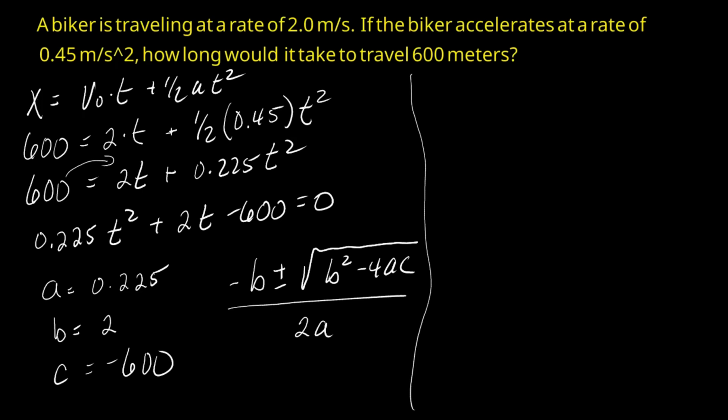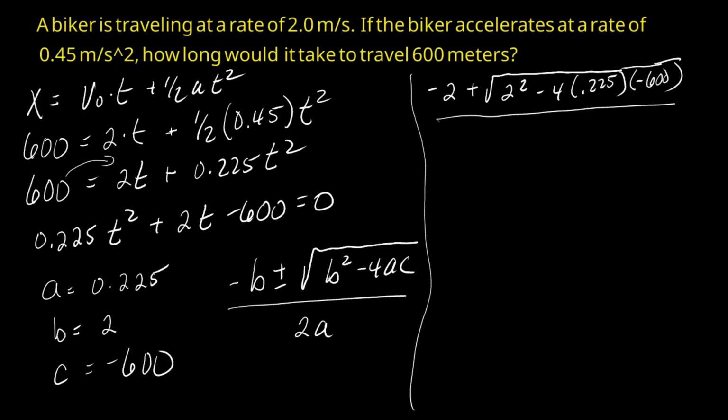All right, so let's solve for our two roots here. So I have negative 2. I'm going to do the plus first, plus the square root of b squared, 2 squared, minus 4 times a times c, all this over 2 times 0.225.